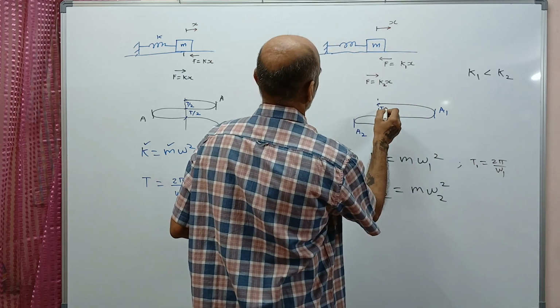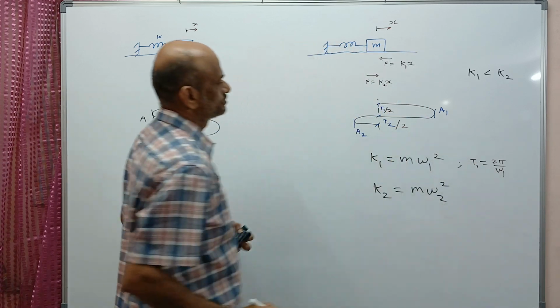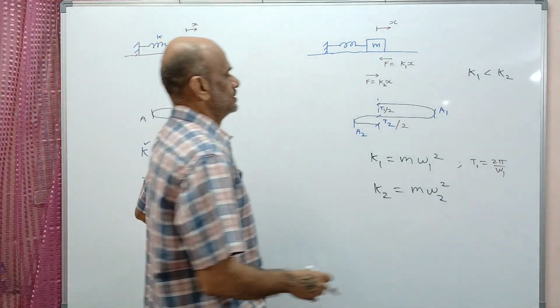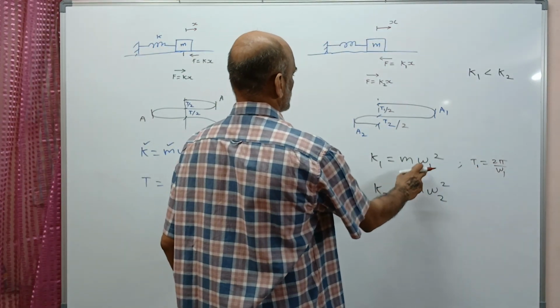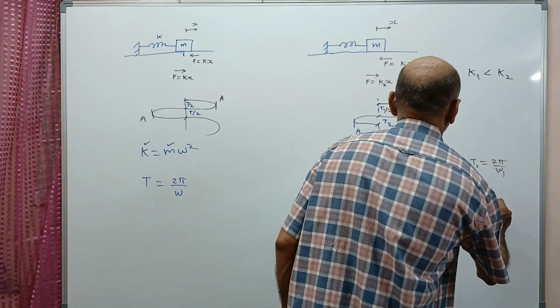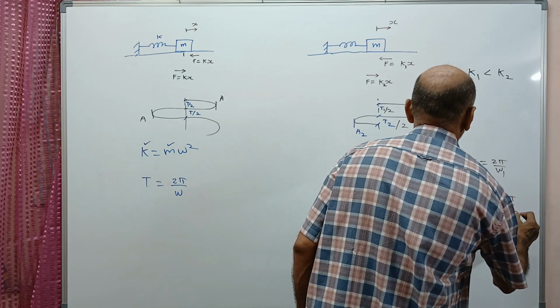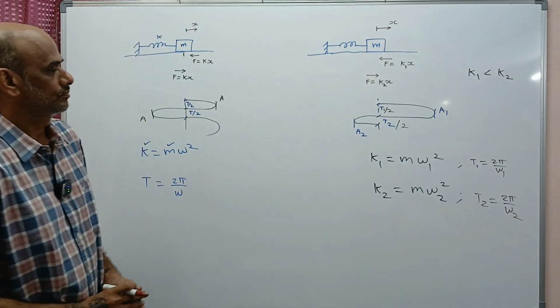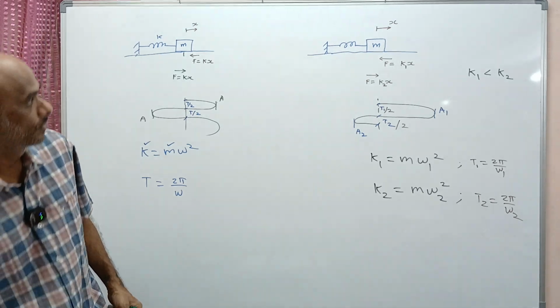This is actually half the time period, so it's T1 by 2, and this is T2 by 2. So K1 is known, M is known, so I'll get omega 1. Once I know omega 1, I know T1. Similarly, I can find T2 as 2 pi by omega 2. Since K2 is known, I can find omega 2 and then T2.